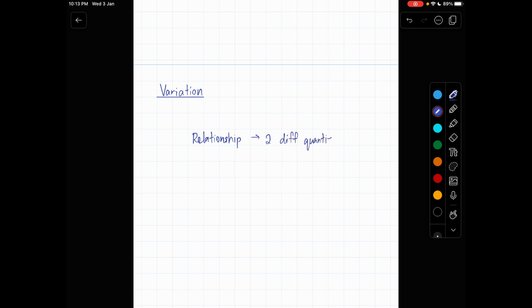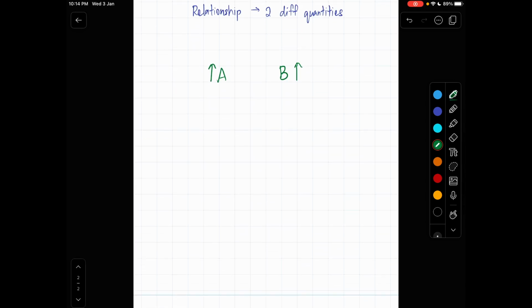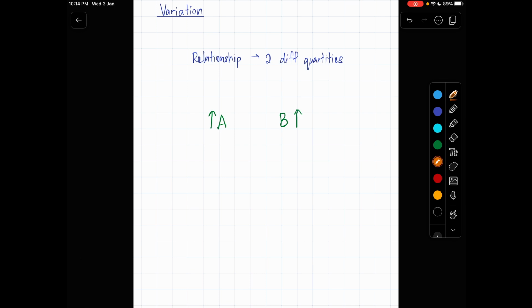The relationship as in, take for example, we have A and B. When we have A and B, the relationship of both of them are connected in a way. It's either when A increases, B also increases, or the other scenario is when A increases, B decreases. So this is the concept of variation.